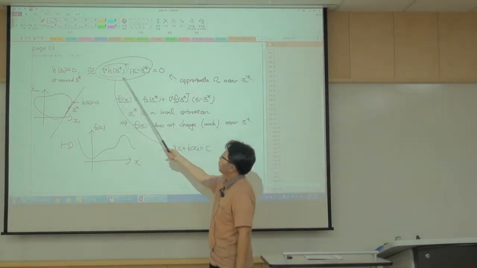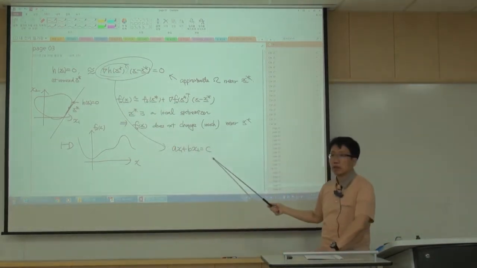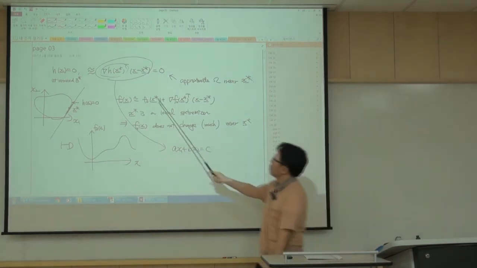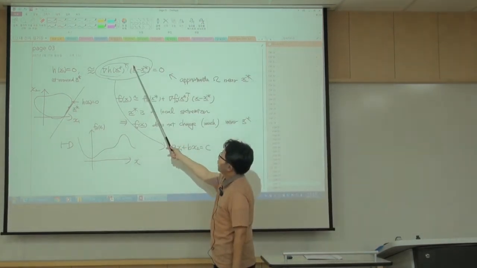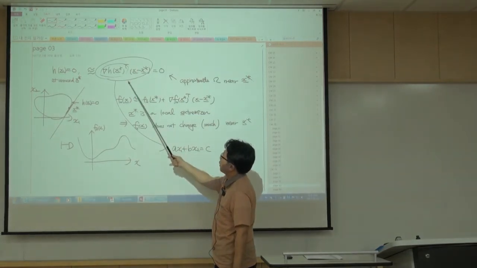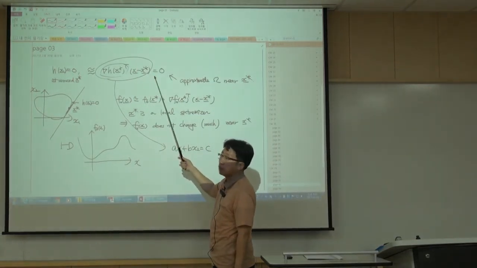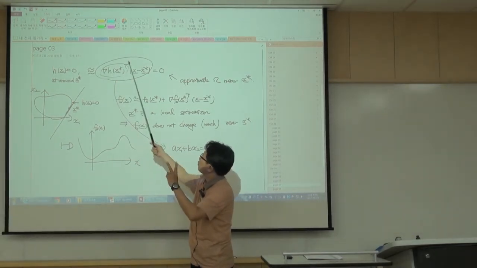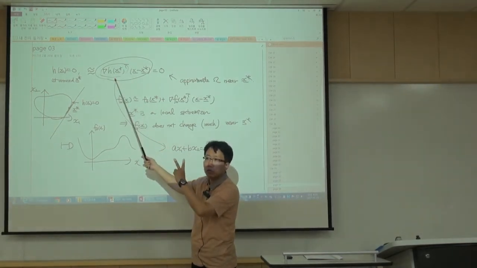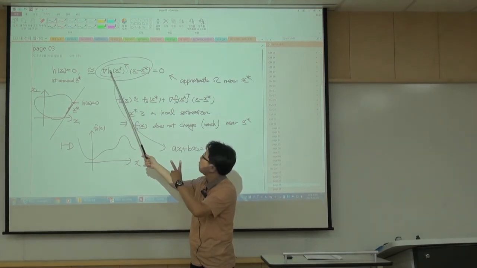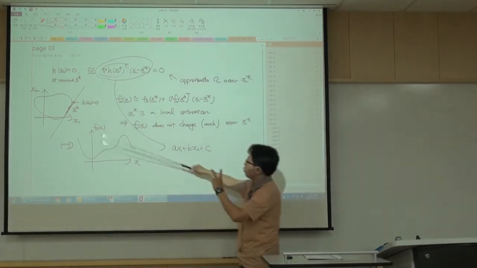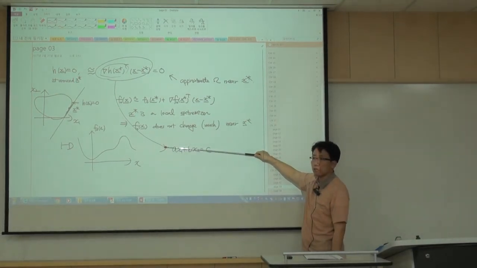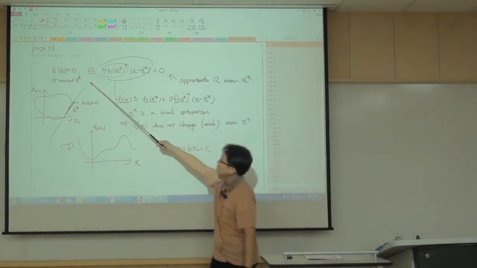So this one looks like this. Am I right? In the two-dimensional case. See that? Here you have x1 minus x1 star and x2 minus x2 star. And what is this one? This is a 1 by 2 constant. Am I right? So if you take the inner product of these two, you have such a straight line in the two-dimensional case. Am I right? Like this.